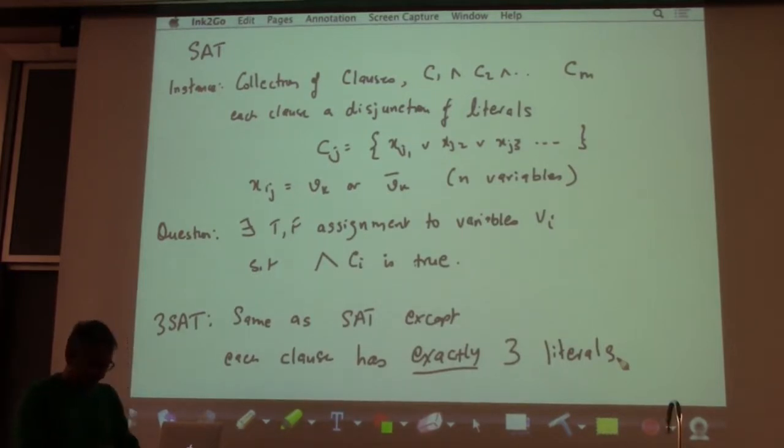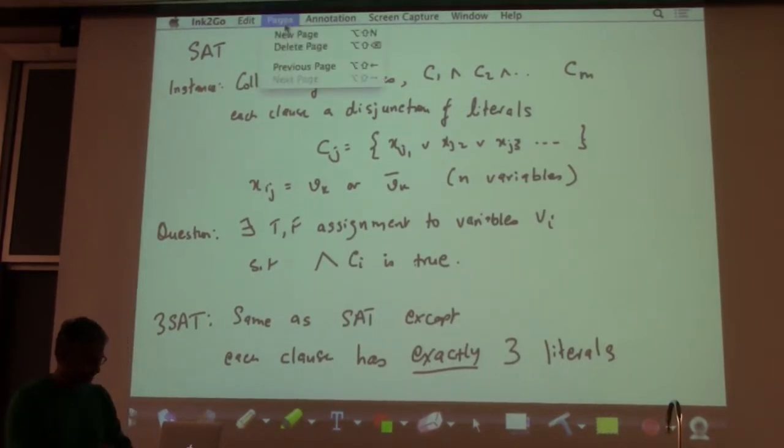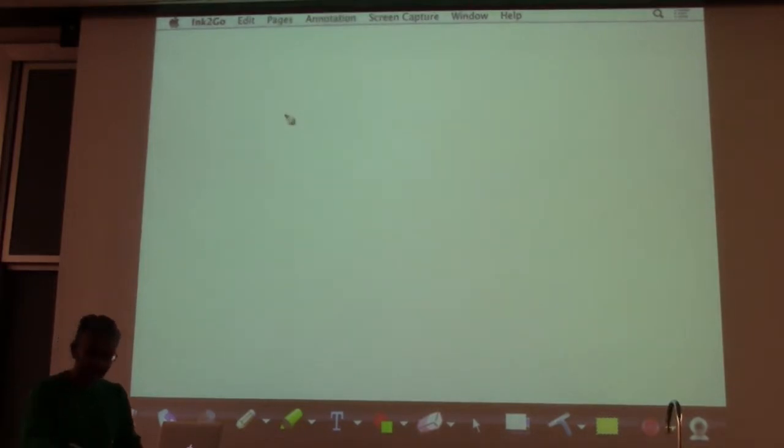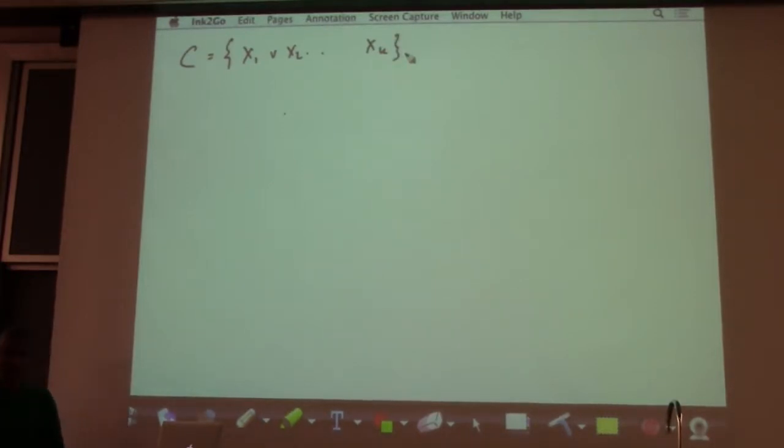So let's say I take some clause, and let's say it consists of literals x1 or x2 up to xk. Again, I distinguish literals from variables, because a literal is just a variable but maybe negated. The fact that I put a negation just means it's inside the definition.